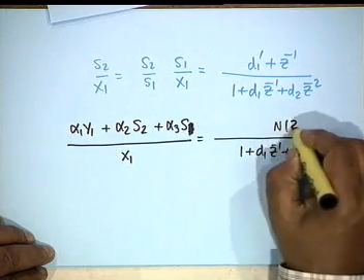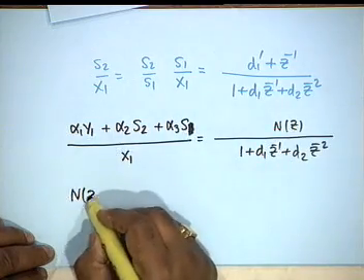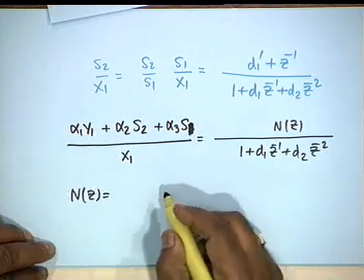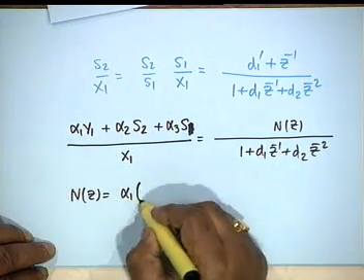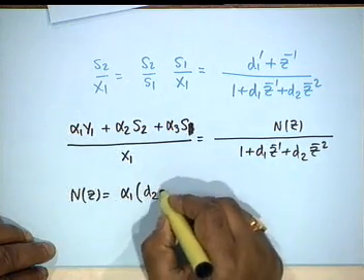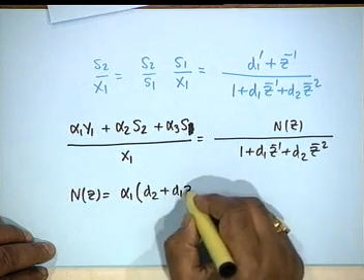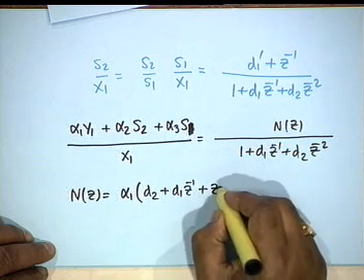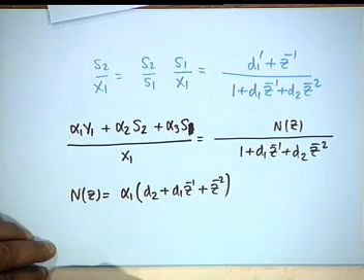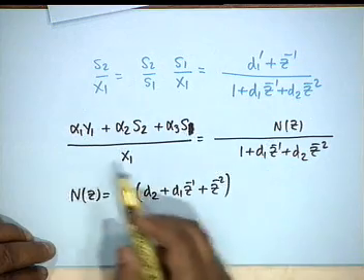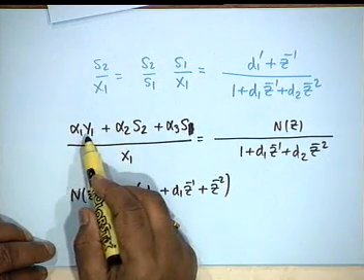The numerator n of z shall be alpha 1 times y1. So, alpha 1 times d2 plus d1 z inverse plus z to the minus 2. Agreed? Alpha 1 times the numerator of y1.